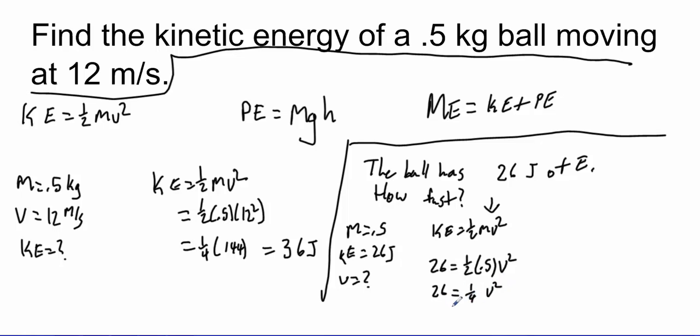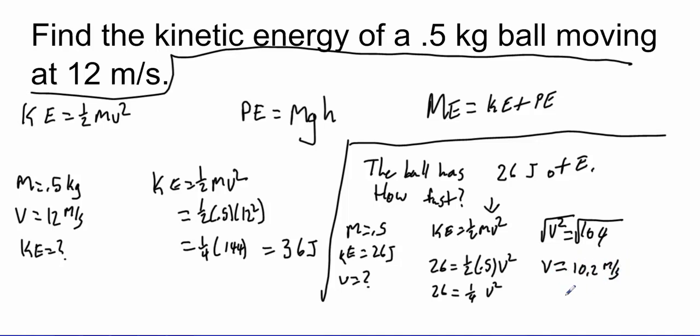I'm going to multiply both sides by 4 to get rid of that fraction, and I get 104 for v squared. Now, to actually find v, I'm going to solve by square rooting both sides, and v equals the square root of 104, which is just a little bit bigger than 10, about 10.2 meters per second.